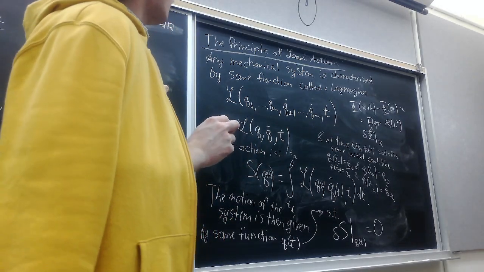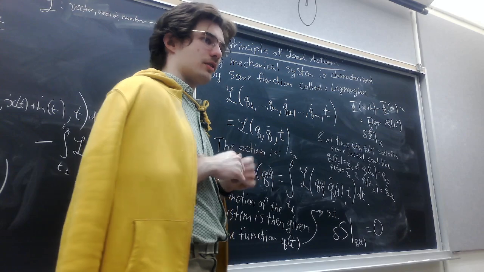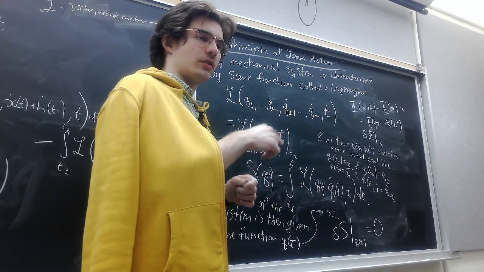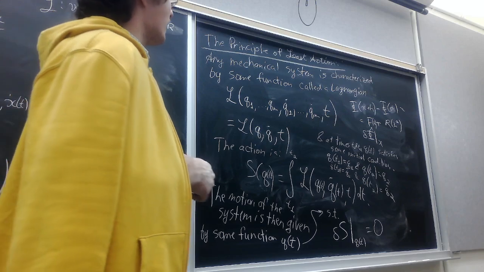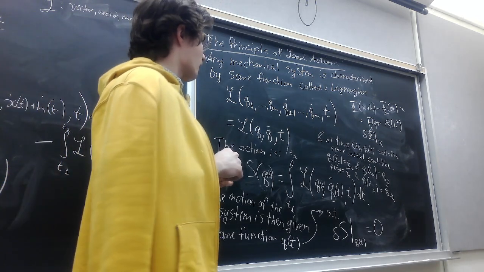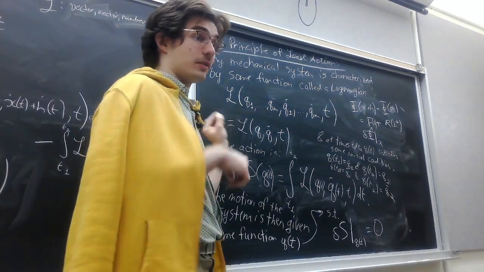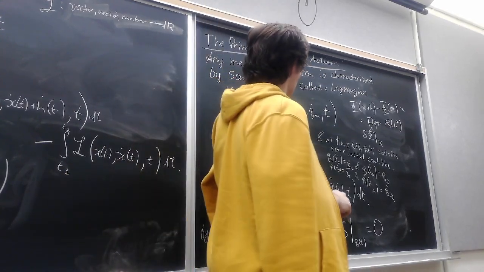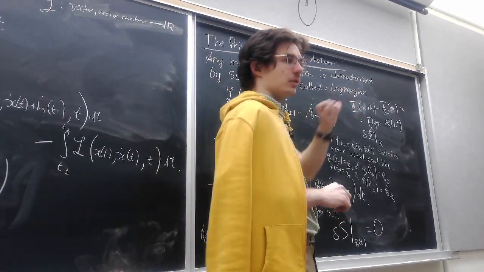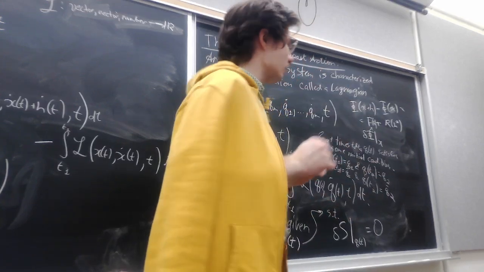Now I'm saying that if I have any mechanical system with some generalized coordinates q1 up to qm, then it has to be fully characterized by some function that's going to be called the Lagrangian. This function takes m plus m and then t inputs, so 2m plus 1 inputs, potentially.